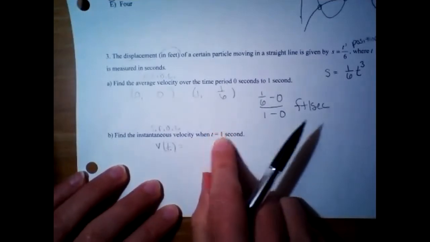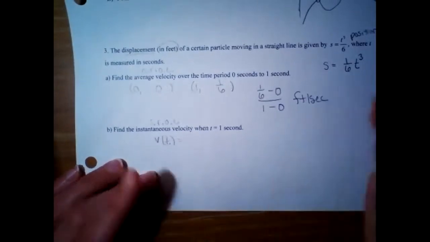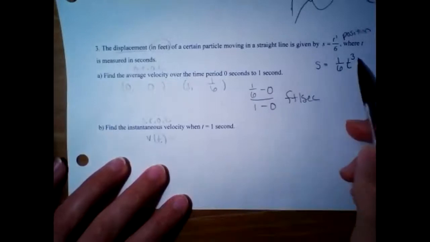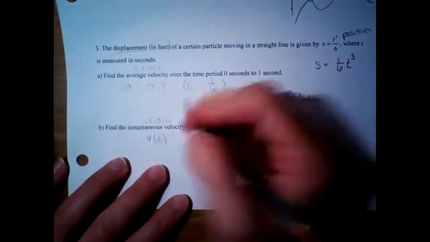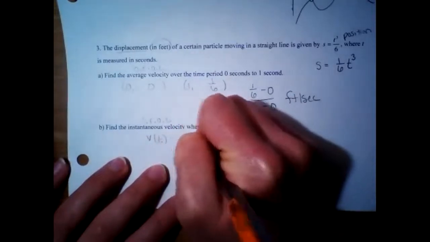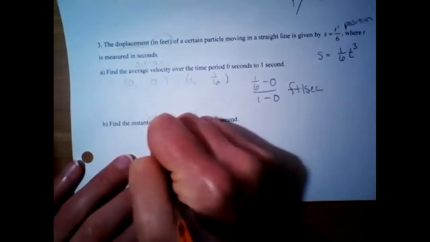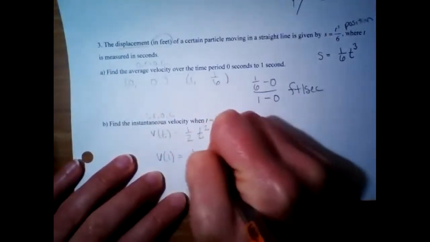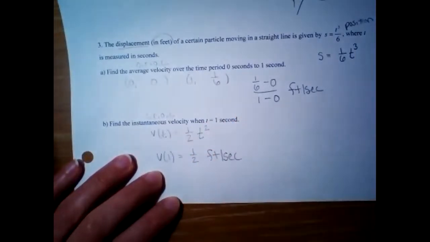So remember that Alice went for a walk thing that we did, and we zoomed in on one point. It's just like that. So for this velocity, you're going to bring the 3 down. You would have 3/6, which is 1/2, and then t squared. And they want us to plug in 1, so that is going to give us 1/2. And again, it's a rate of change, so the units will be feet per second.